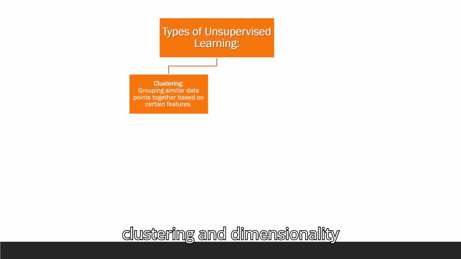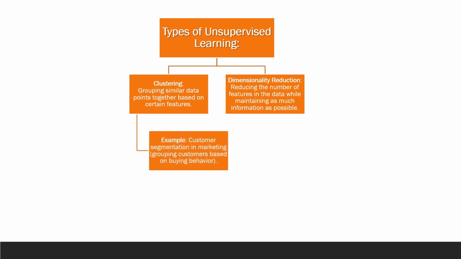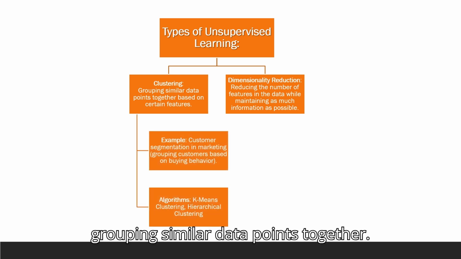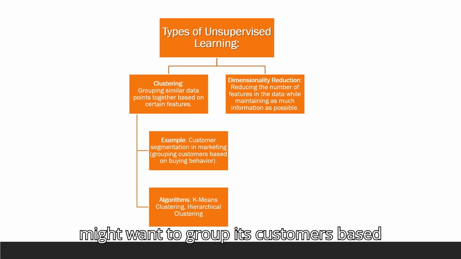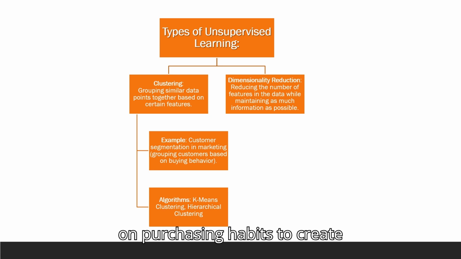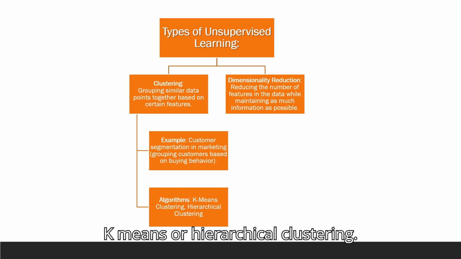There are two main types of unsupervised learning, clustering and dimensionality reduction. Clustering involves grouping similar data points together. For example, an e-commerce company might want to group its customers based on purchasing habits to create personalized marketing campaigns. Common clustering algorithms include k-means or hierarchical clustering.